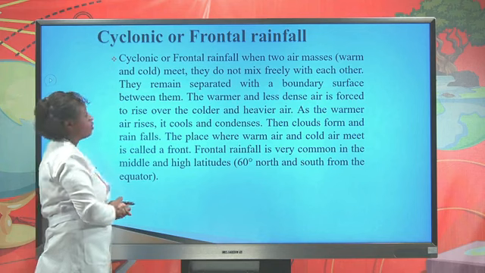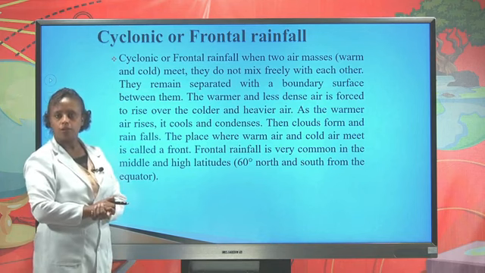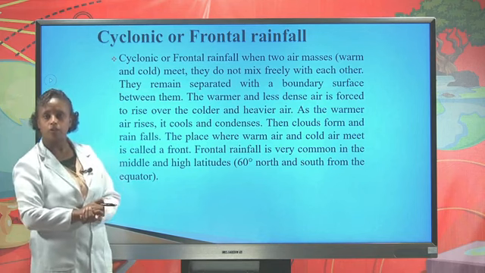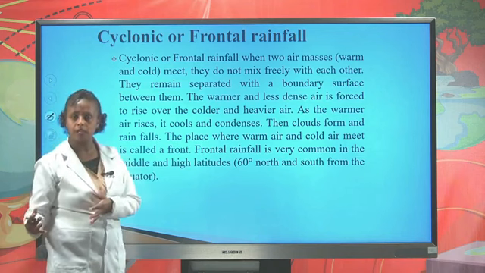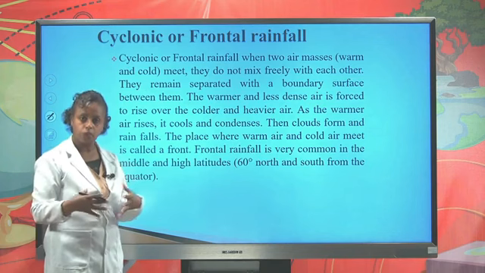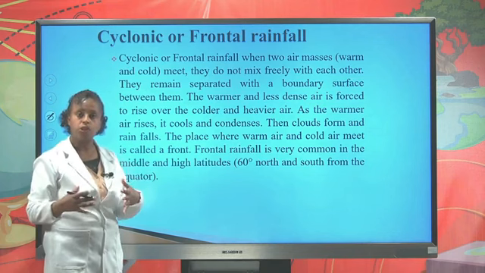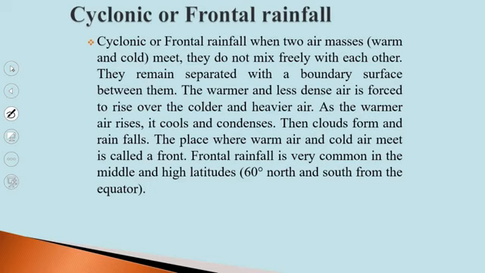The third type of rainfall is cyclonic or frontal rainfall. Cyclonic or frontal rainfall is formed when two air masses, the warm air mass and the cool air mass, meet together but don't mix freely. They stay separately at the boundary.